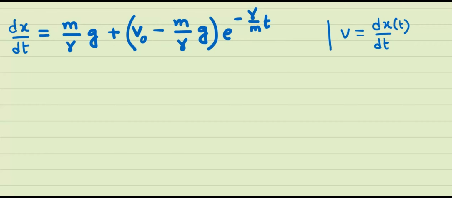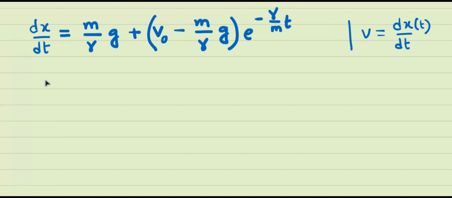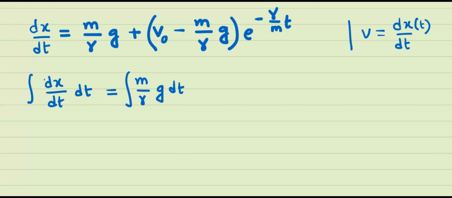So the basic process is to treat the differentials like fractions, and so when we integrate the left hand side, we simply have dx/dt times dt. On the right hand side, of course, we have integration being distributed over the plus sign, and so we have m divided by gamma times g dt integration.